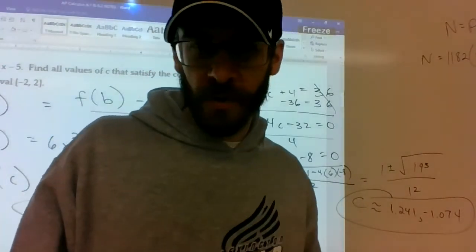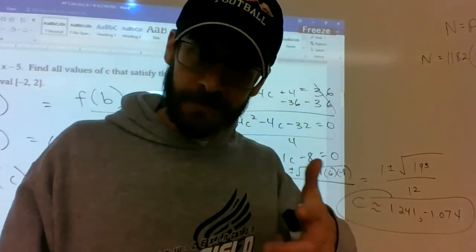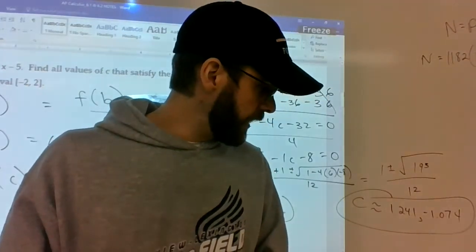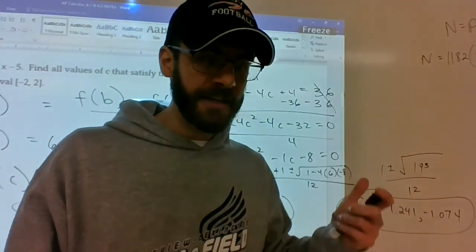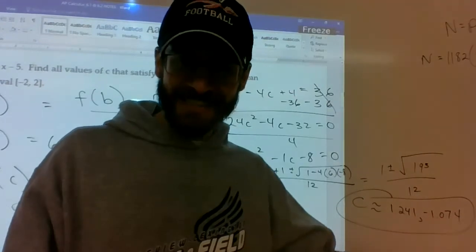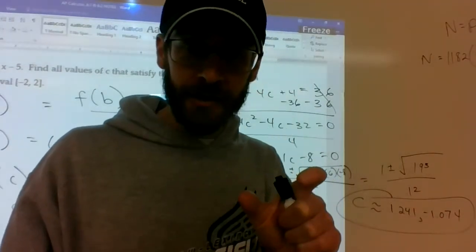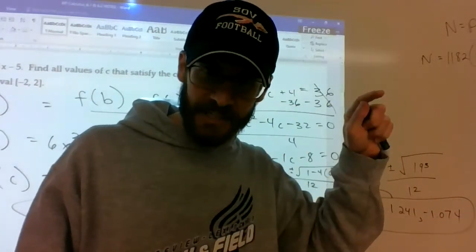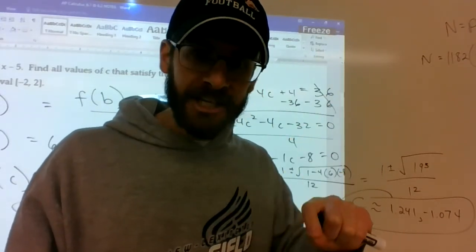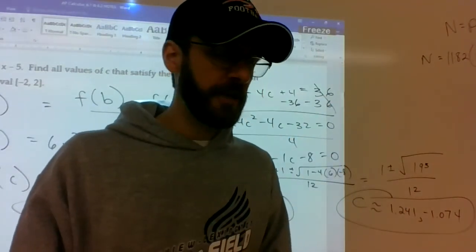This would work too if it wasn't a negative time. That's kind of a wonky issue with that. But bottom line is these are x values in which the instantaneous rate of change matches the average rate of change.